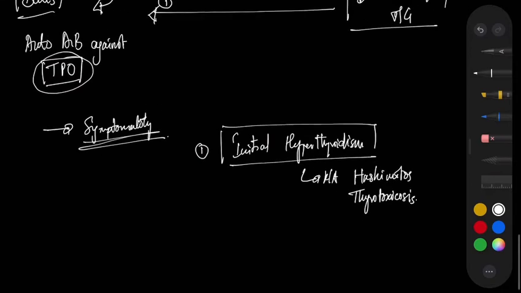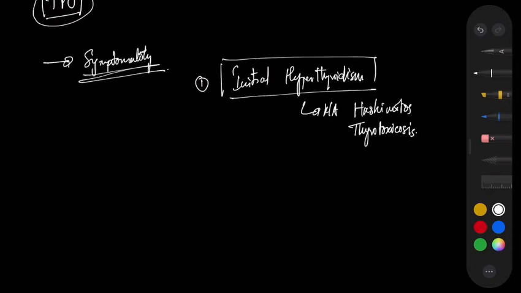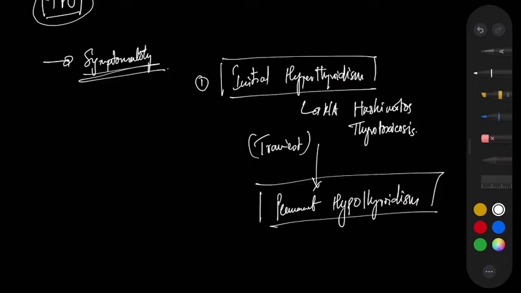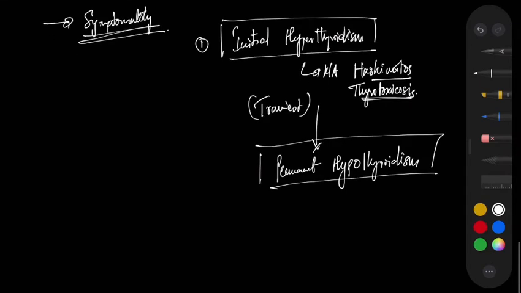Now this initial hyperthyroidism is a transient phase. It is transient, it doesn't last for long. So eventually it leads to a permanent state of hypothyroidism. So initially there was hyperthyroidism, but it was a transient state, known as Hashimoto's thyrotoxicosis. Eventually it led to permanent hypothyroidism.